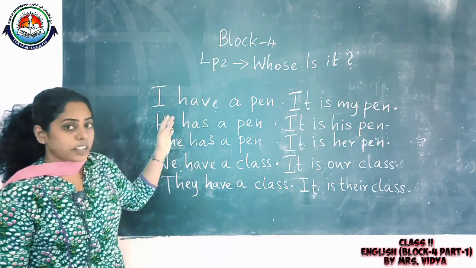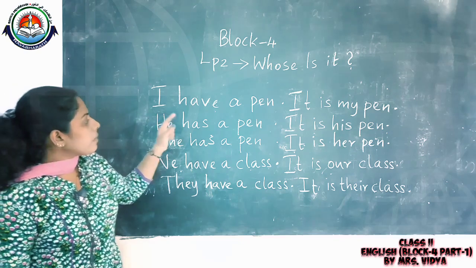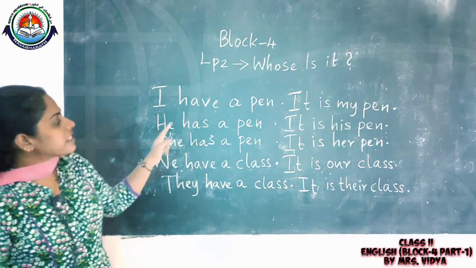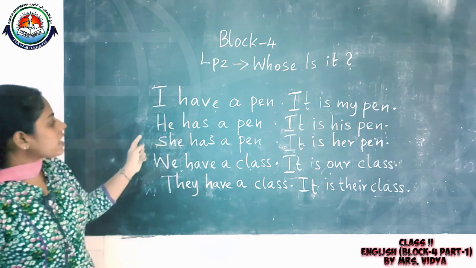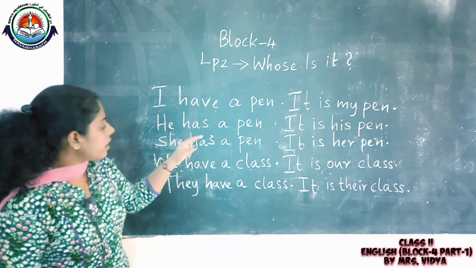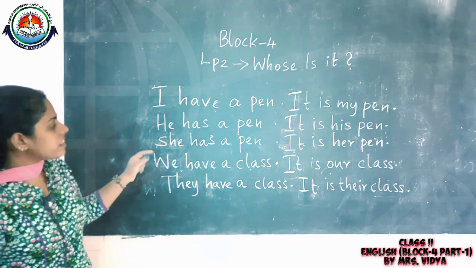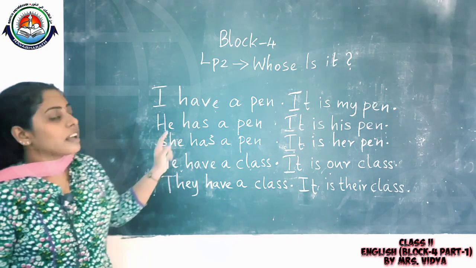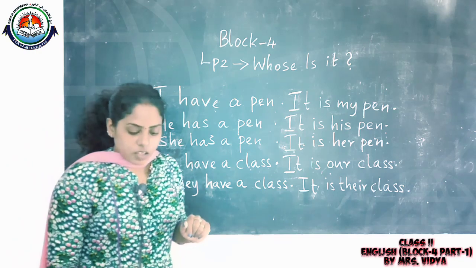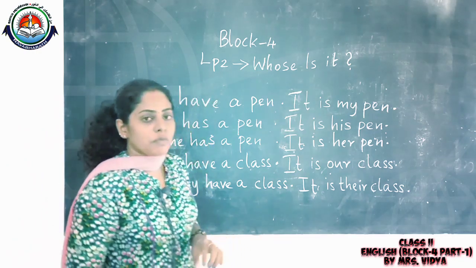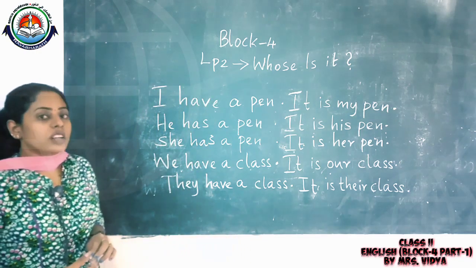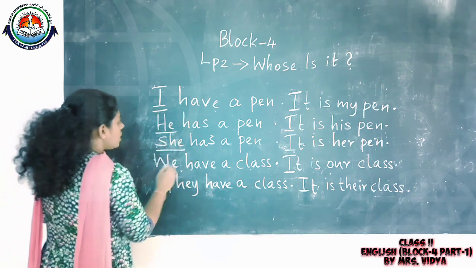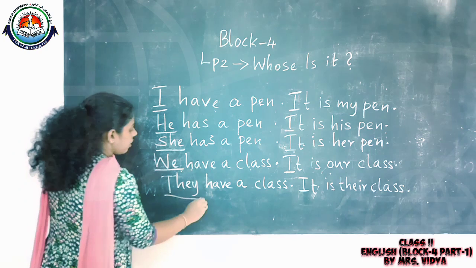Now children, look at these sentences. Let us read together. I have a pen, it is my pen. He has a pen, it is his pen. She has a pen, it is her pen. We have a class, it is our class. They have a class, it is their class. So, did you see some words here? I, he, she, we, they.